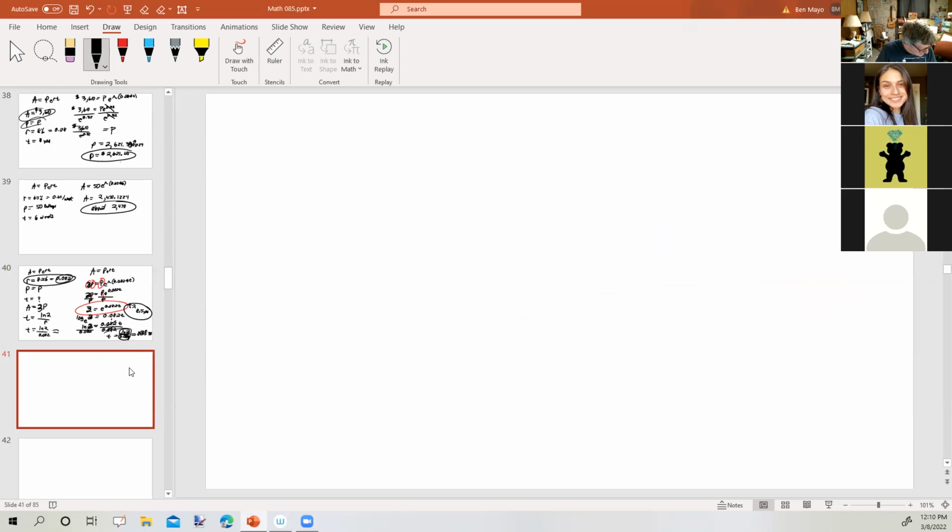It says doubling money. How long will it take $1,000 to double if it is invested at an annual rate of 5% compounded continuously? Now, that's the key, though. It's got to be continuously. So we're using this formula.